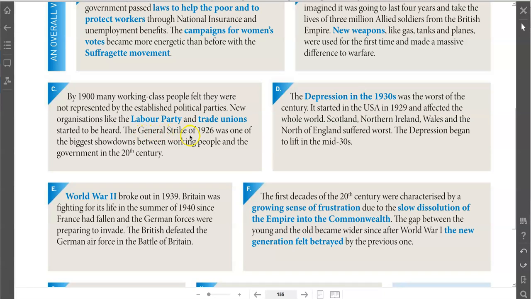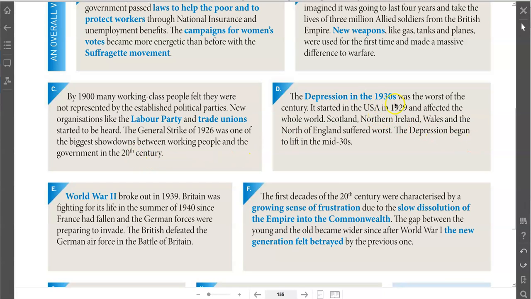There was a general strike in 1926, and this strike was one of the biggest showdowns, which means a decisive confrontation between the working people and the government in the 20th century.